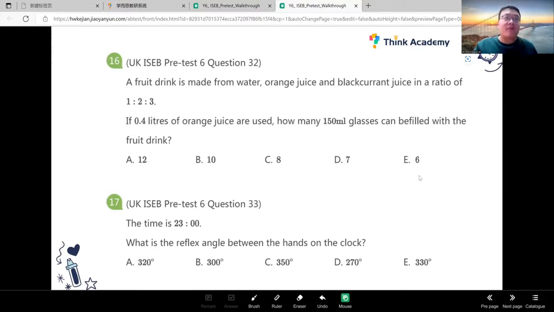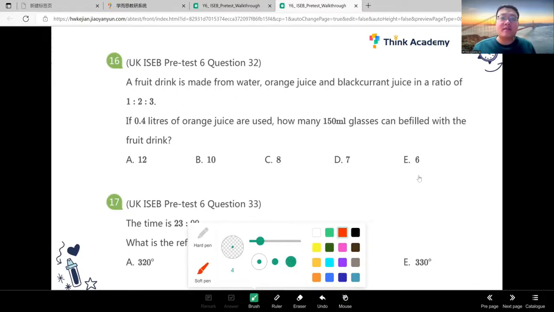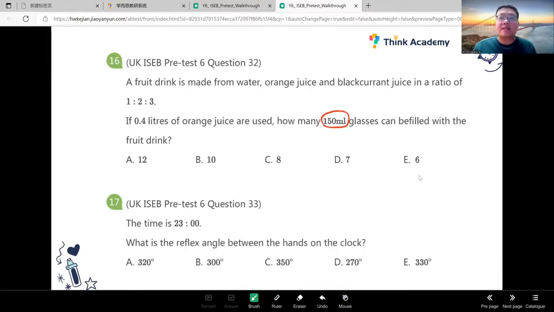If 0.4 liters of orange juice are used, how many of these glasses, which have a capacity of 150 milliliters, can be filled with the fruit drink? So you have to know the total amount, because you know that the orange juice is 0.4 liters.